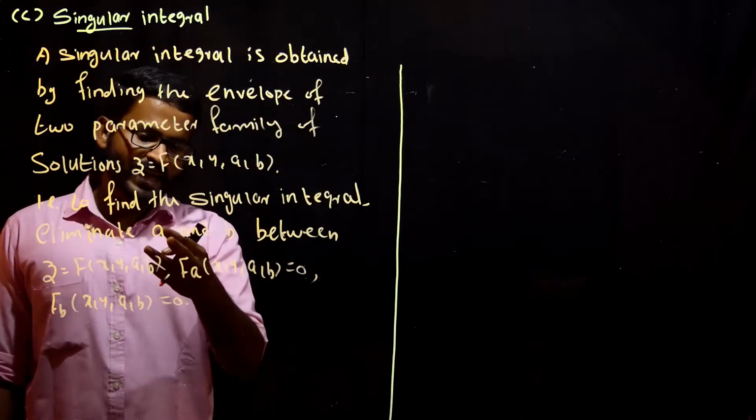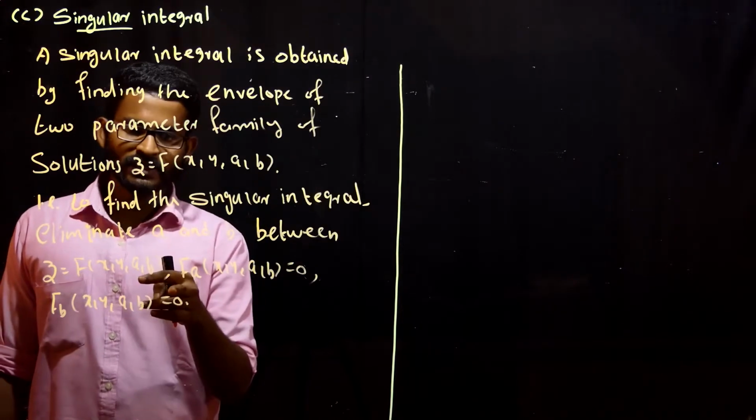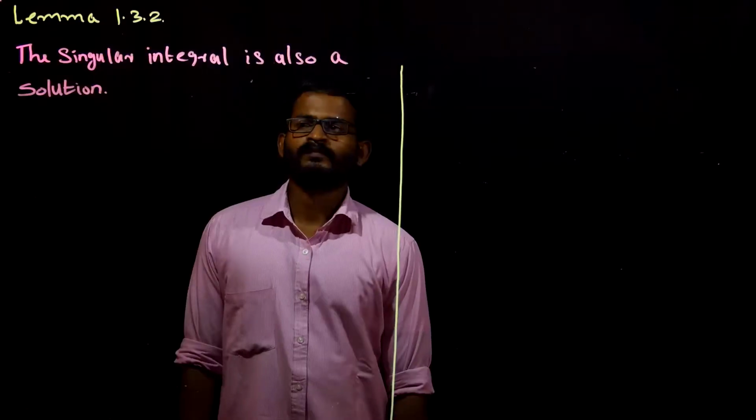By eliminating the two parameters a and b from these three equations, we can form the singular integral.